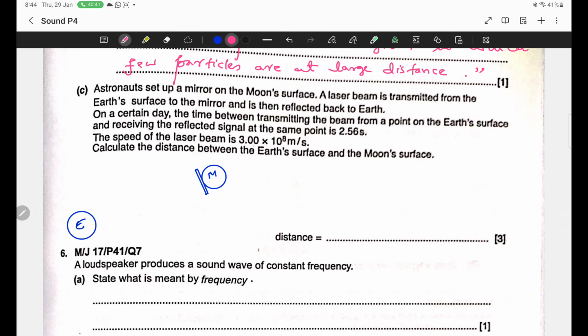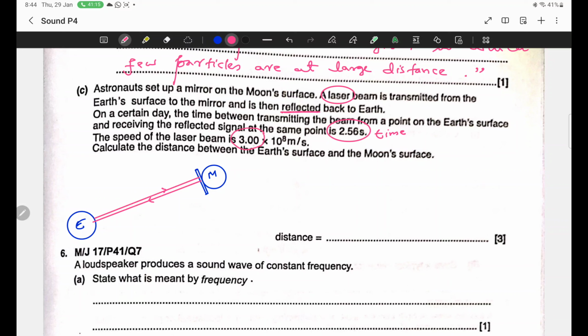We are sending laser light from Earth to the mirror, and then this light is reflected back to the Earth. So we are sending light and then receiving light. And the time to send and receive is 2.56 seconds. In this time, the light is sent out and received.